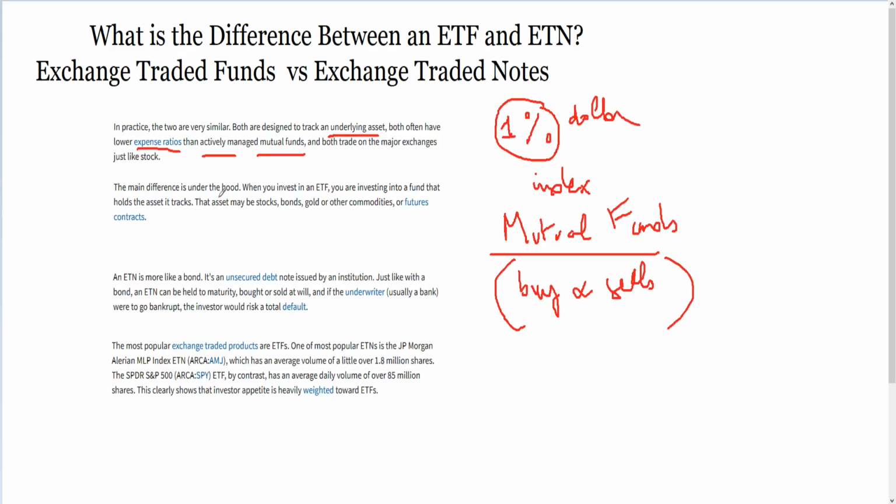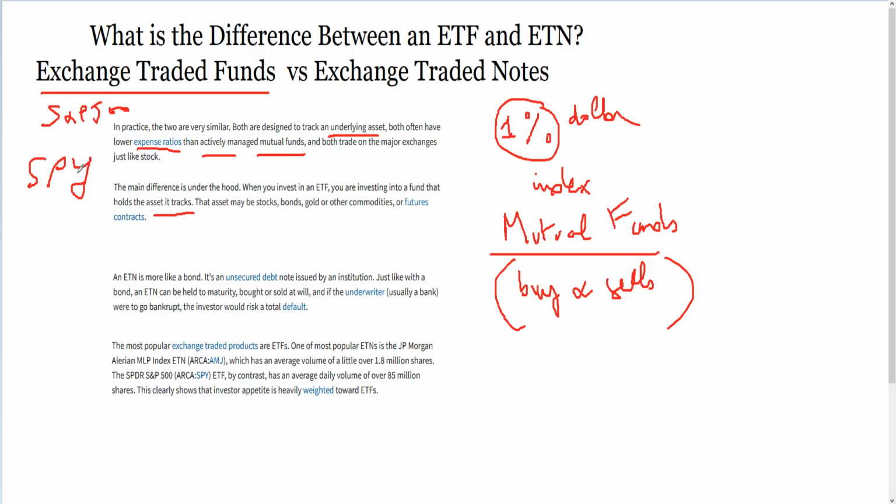Now, the main difference is under the hood. When you invest in an ETF, you are investing in a fund that holds the assets it tracks. Let's say an ETF that tracks the S&P 500. If I ask you what is the ETF that tracks the S&P 500, you will tell me that it is called SPY. I will show you the chart.